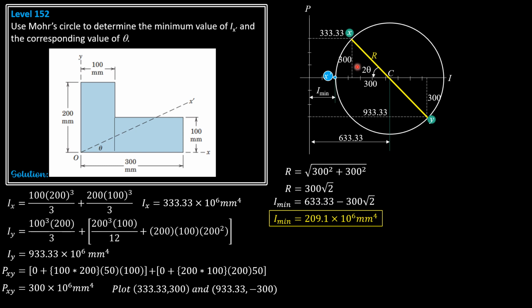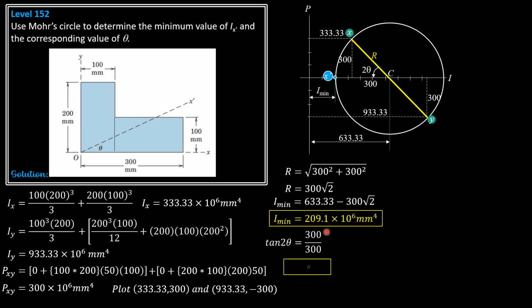Then from the figure, 2 theta, because the rotation is counterclockwise towards the x prime axis, or the principal axis where I minimum can be found, that's the positive rotation. So 2 theta is equal to 45 degrees, or tangent of 2 theta is opposite 300 over 300.